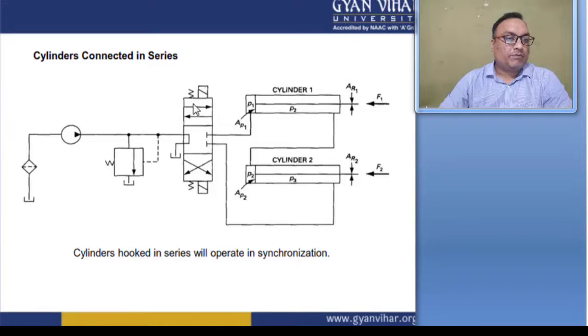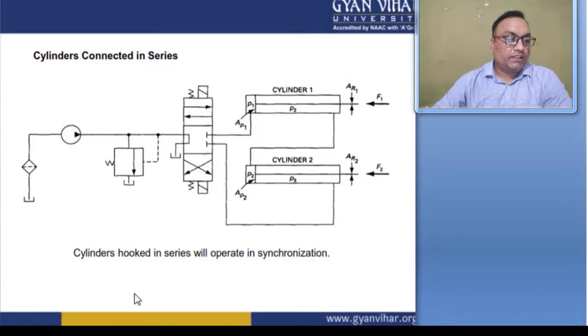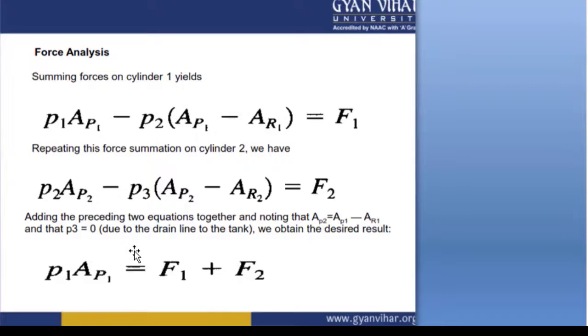So here the same type of operation is given. The only difference is the connection: in the last case it was the parallel connection, and this is the series connection, right? So move to the next slide.